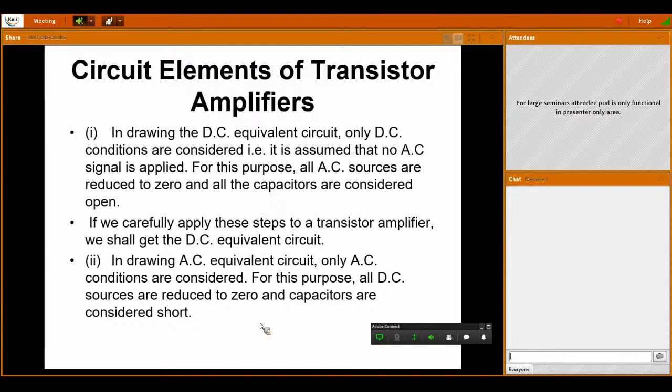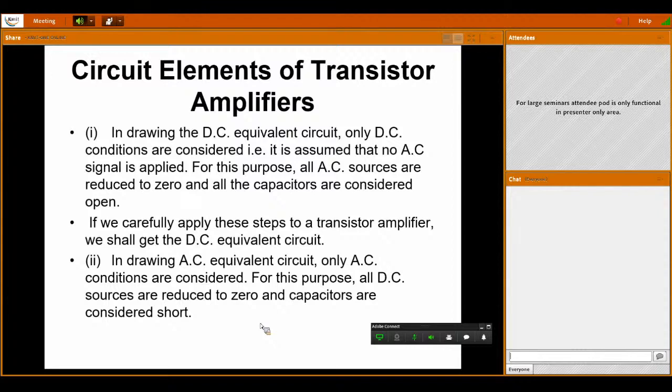Now, when you are drawing the DC equivalent circuit, only the DC signal conditions are considered, and you have to assume that no AC signal is applied. For this purpose, all the AC sources are reduced to zero, as well as all the capacitors are considered as open circuited. Next, if we carefully apply these steps to a transistor amplifier, we shall get your DC equivalent circuit.